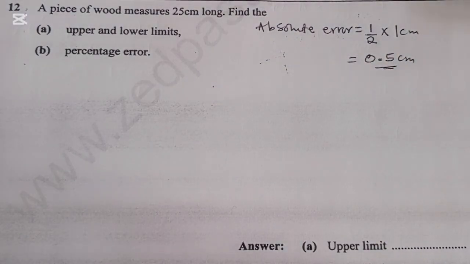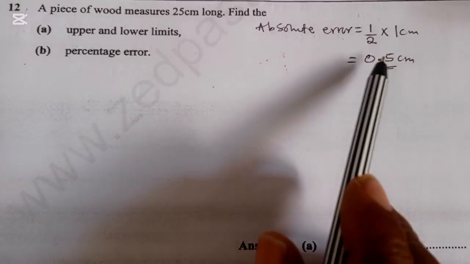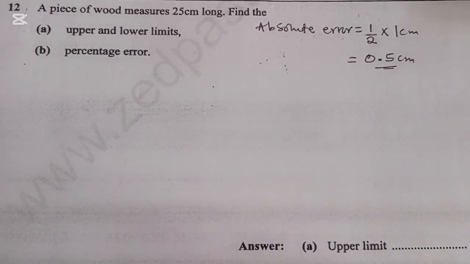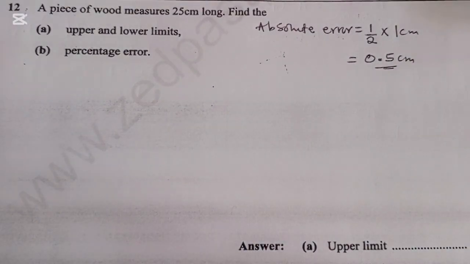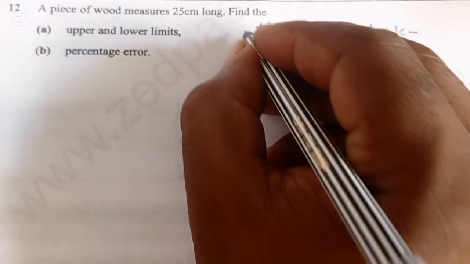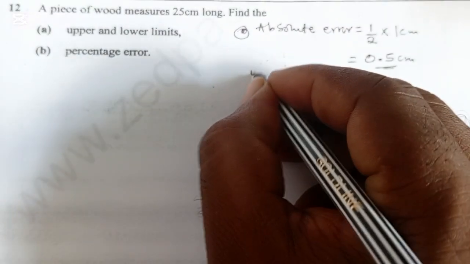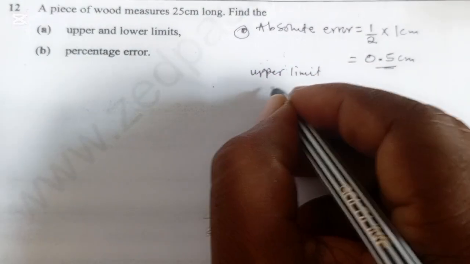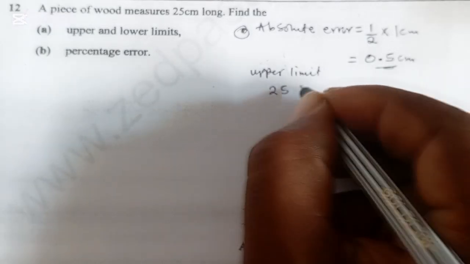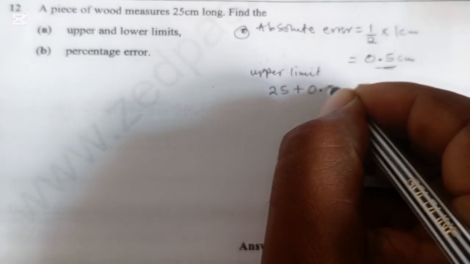So for us to find the upper limit, we need to add the absolute error. For us to find the lower limit, we need to subtract the absolute error. So upper limit, I'm going to say 25 plus 0.5.